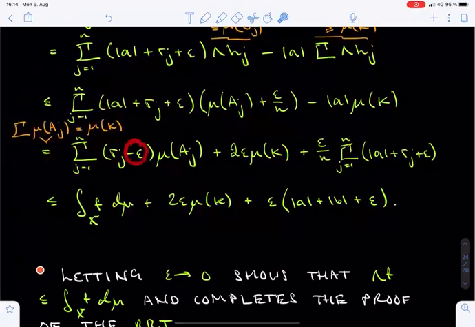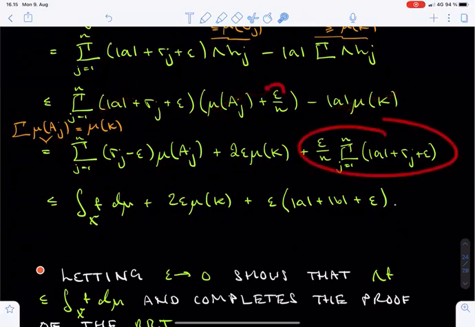We artificially introduce this minus epsilon here, and it is then compensated for by one of the two epsilons you see here. The other one of them is the epsilon from right here. The terms with the absolute value of a simply cancel each other out. The term with the factor epsilon over n is moved right over to the end of the line here.